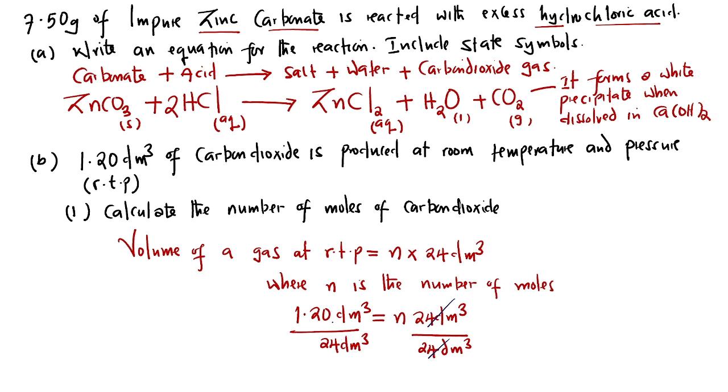So 1.20 divided by 24, we're going to say that n is equal to 0.05 moles of carbon dioxide. Okay, that becomes the answer to this question. We proceed as we look at the next question.